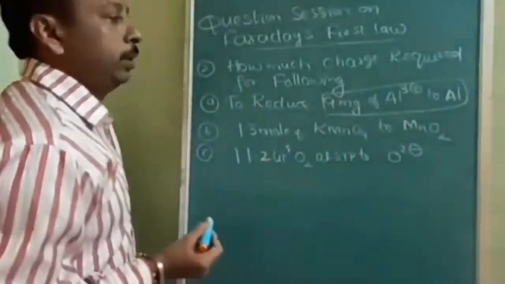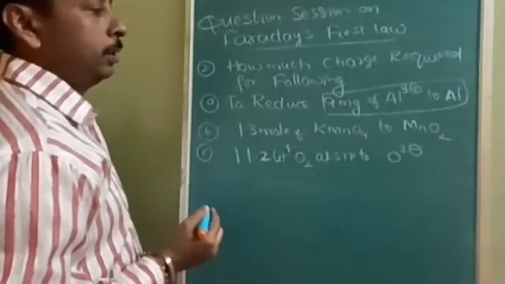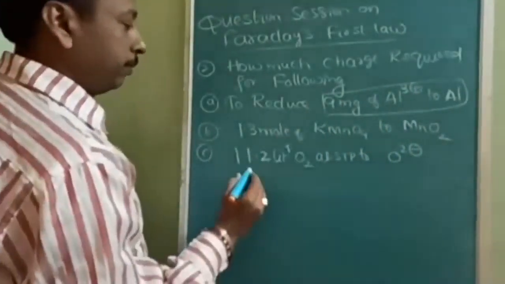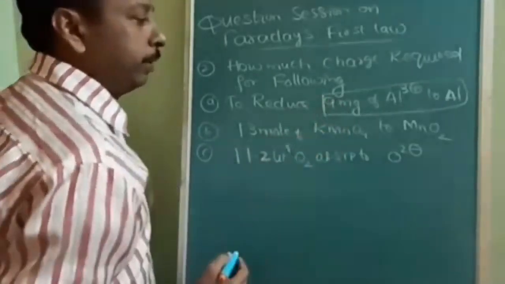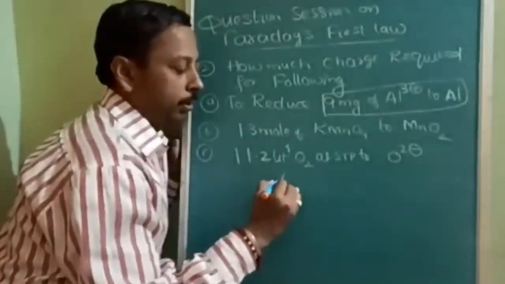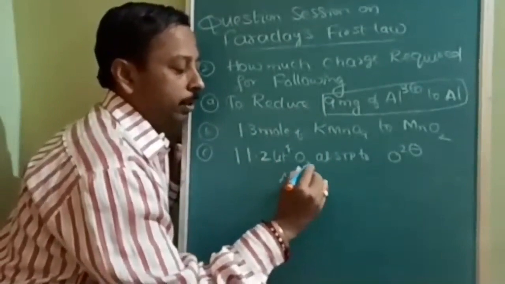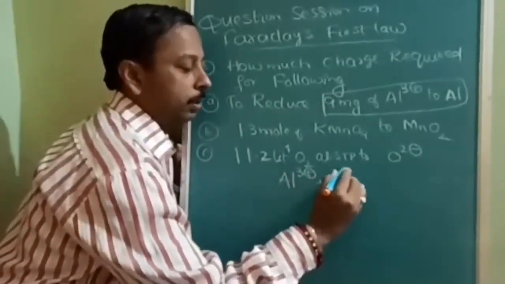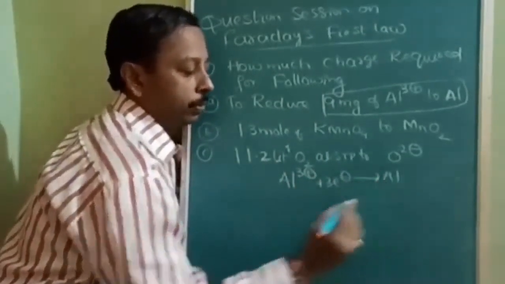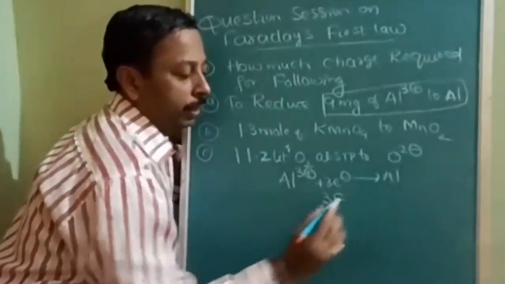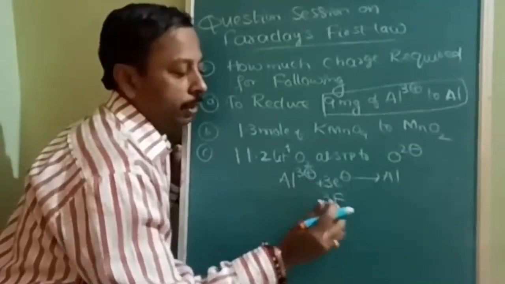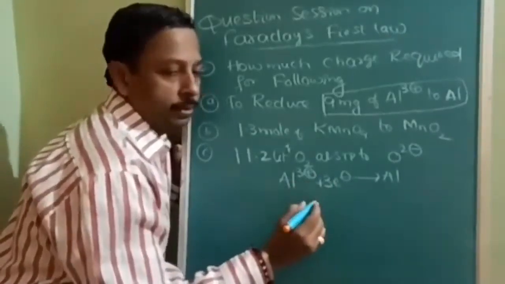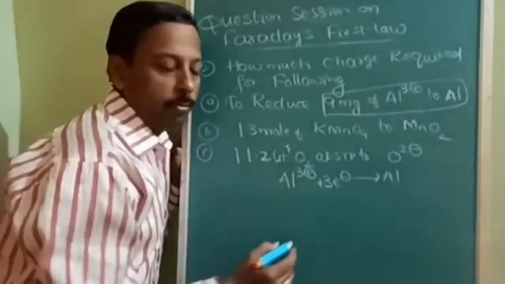You may do it in both ways. Okay. How? If you wanted to use the formula, but I feel comfortable in the unitary method only. Because see, aluminium 3 positive plus 3 electrons gives aluminium. Okay. So if I use 3 Faradays, 3 moles of electrons means 3 Faraday, because Faraday is the charge carried by 1 mole of electrons.